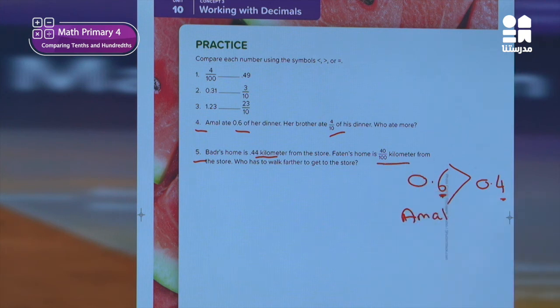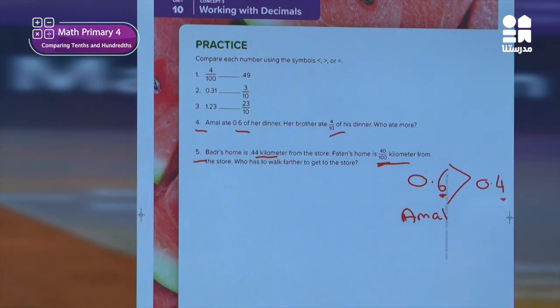Now I want to know who has to walk further. Who will walk more to reach this store? To decide who will walk more, I have to compare how far it is from each house to the store. I mean I have to determine each house's distance to the store.